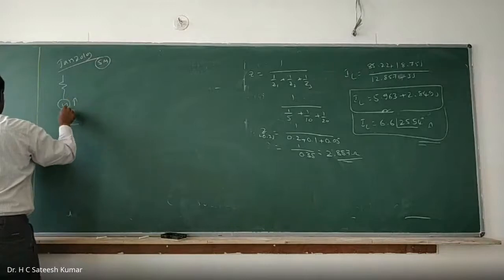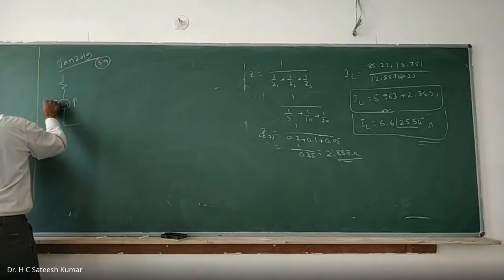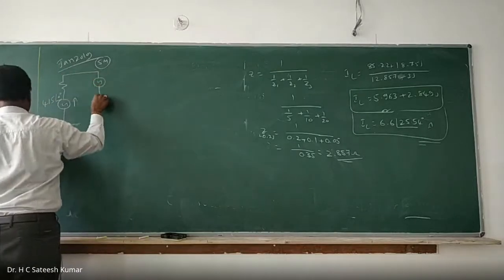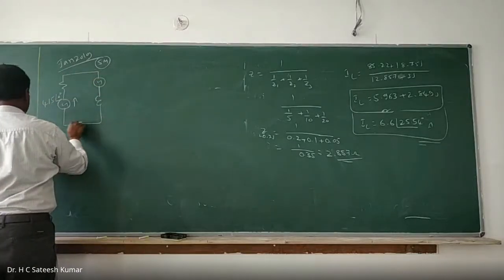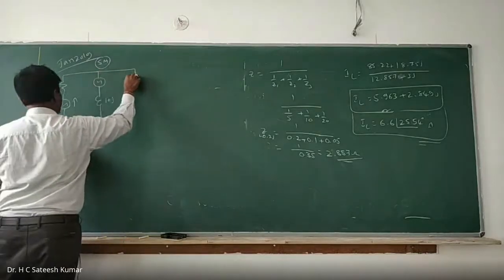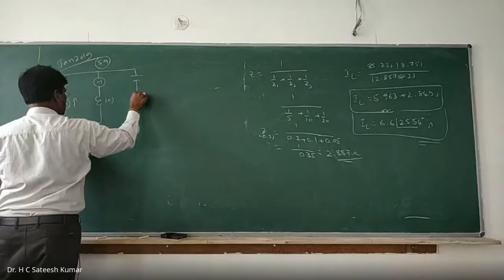RMS value is given as 415 at an angle of 0 degree, and one more voltage source here, and the impedance is 10J, and one more capacitor here and a voltage source.